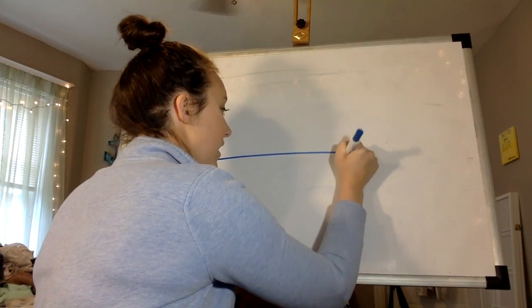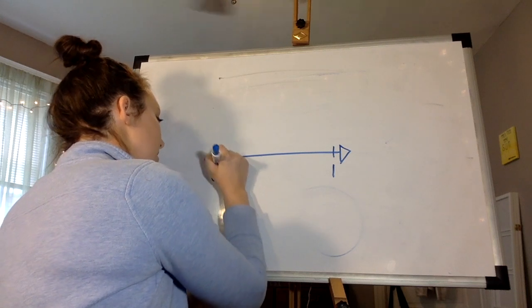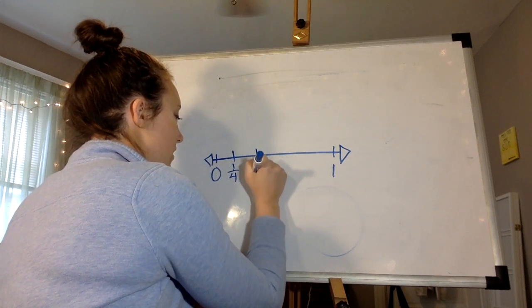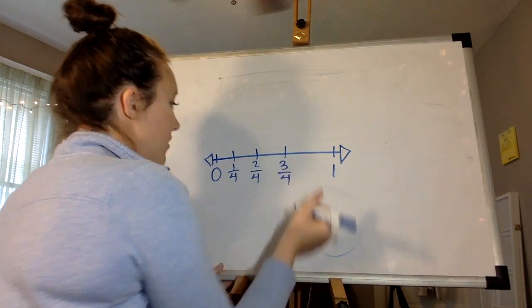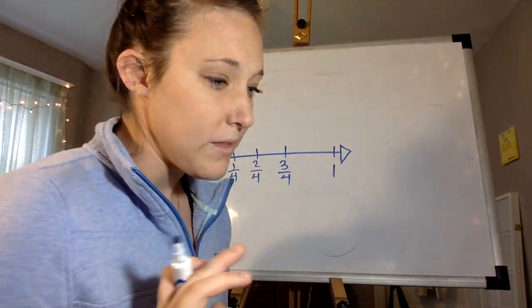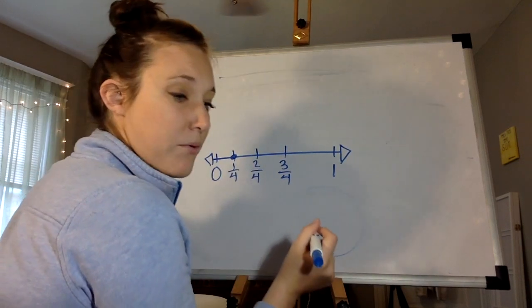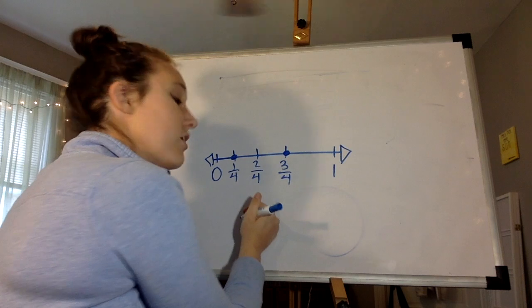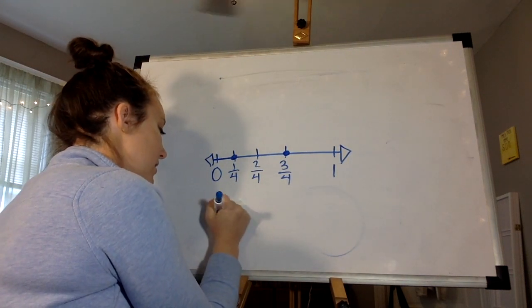Okay, so we've got 1 whole and 0, and we have 1/4, 2/4, 3/4, not the most even. And if I put a plot on 1/4 and put a plot on 3/4, it says 3/4 is to the blank.